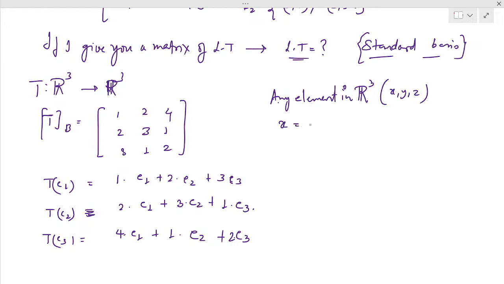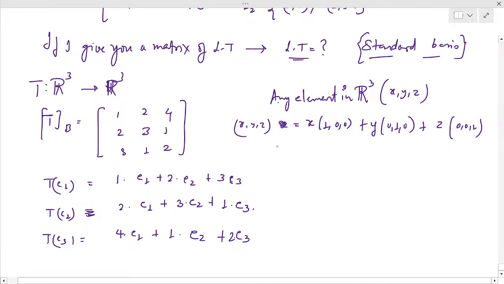I can write x times (1, 0, 0) plus y times (0, 1, 0) and z times (0, 0, 1). And if I want to write it in terms of this, I'll write x E1 plus y E2 plus z E3. Okay, now let us apply this linear transformation T on both sides.